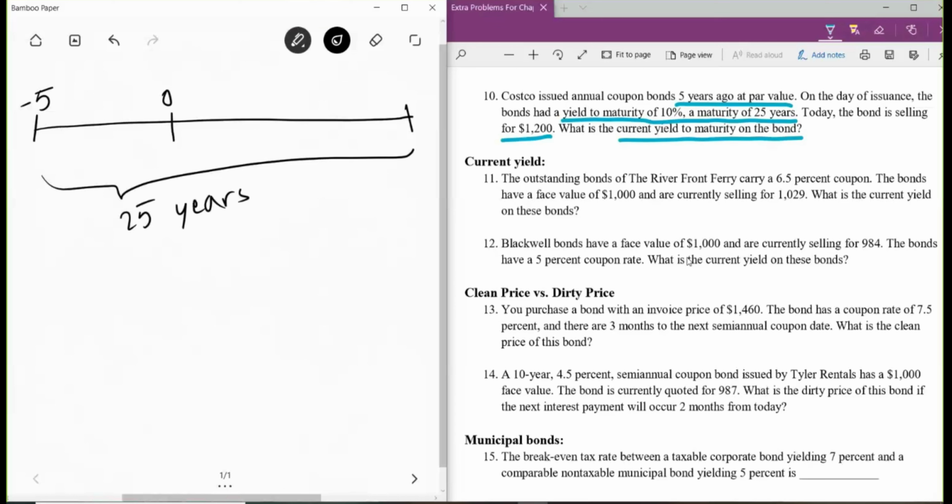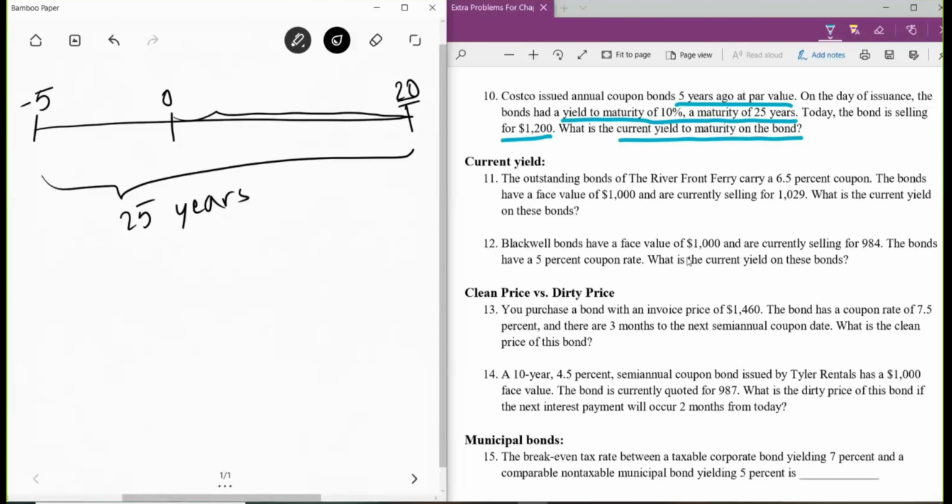This means that we still have 20 years till maturity. So whether I'm computing the current price or the current yield to maturity, the number of years that I'll be using is going to be equal to 20 years.